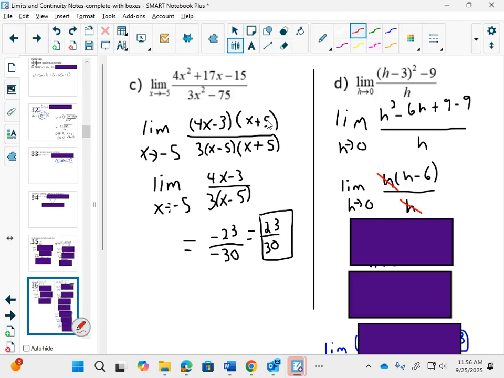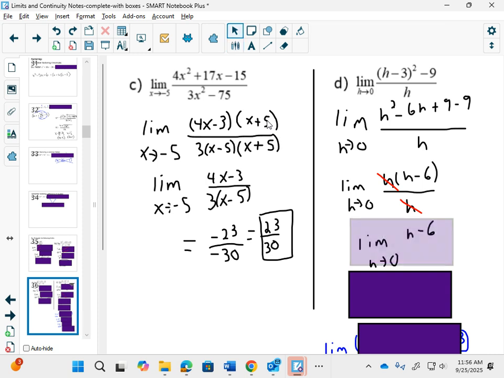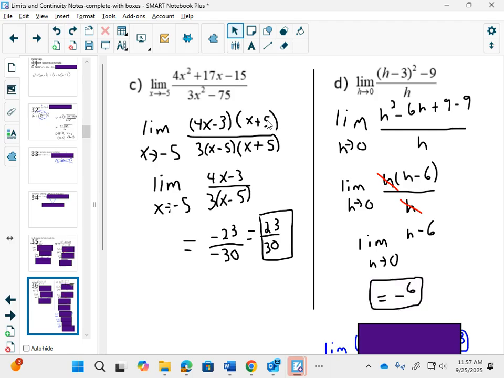And this is the goal in a limit. I want the bad value to go away. If it does, now this is easy. Now I can plug it in. I'm just left with h minus 6, and if h goes closer to 0, then I just get -6.